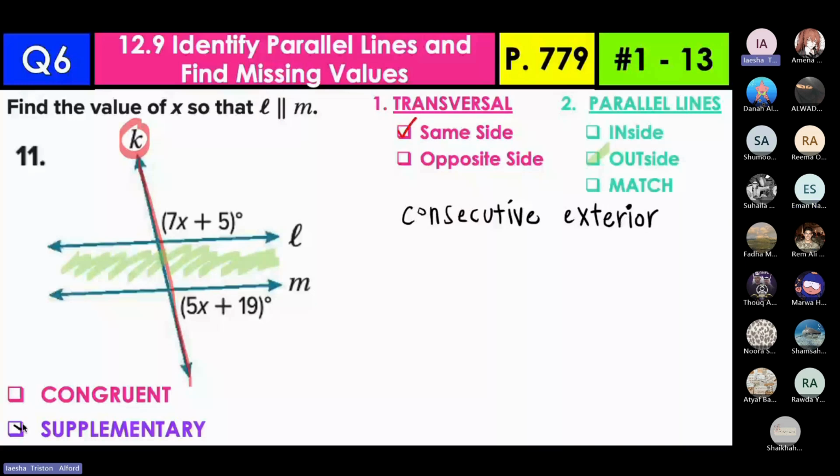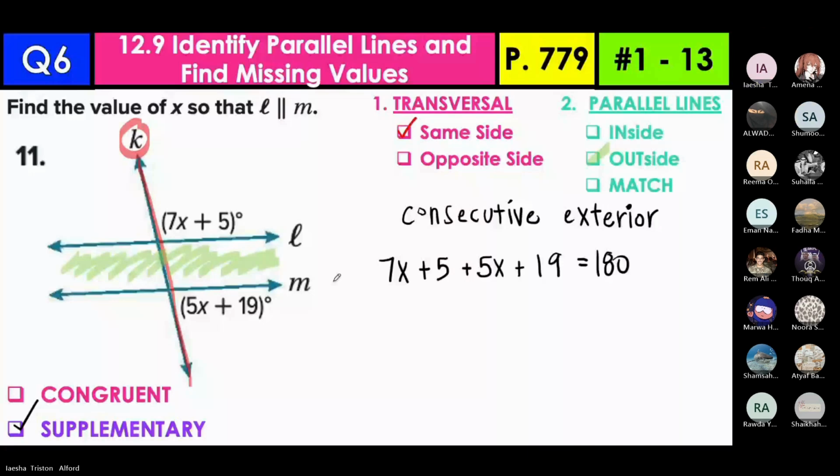So 7x plus 5 plus 5x plus 19 is equal to 180. You solve and get x. Miss, we have to solve the problem. What does the question ask you for?